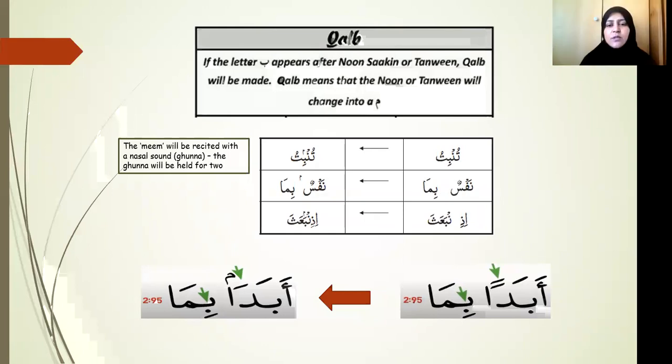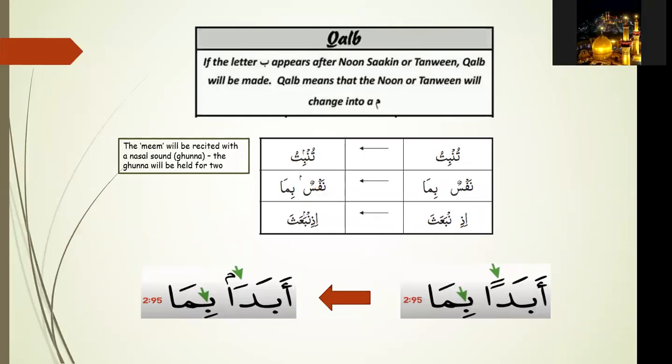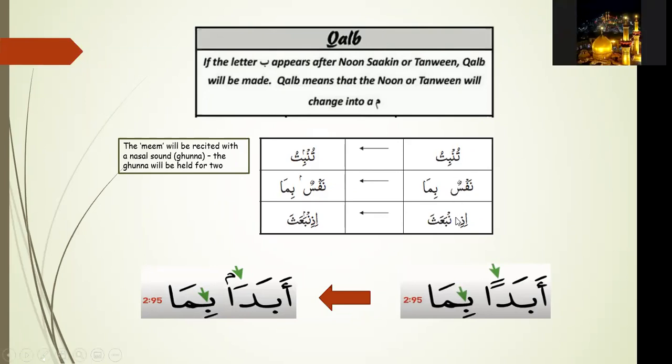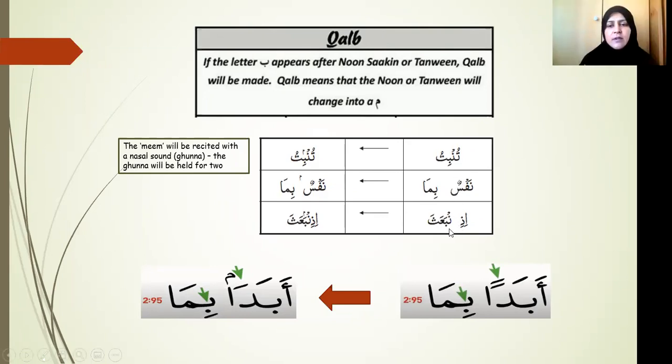MashaAllah, ahsanti. So what did you change? We change the noon sakin sound into the meem. Nafsum. And with the noon sakin that's hiding in the tanween, yeah. MashaAllah. Okay, anybody else would like to have a go at the next example?